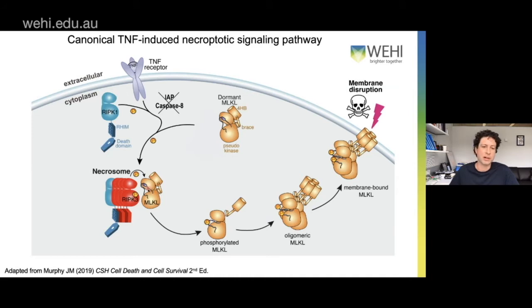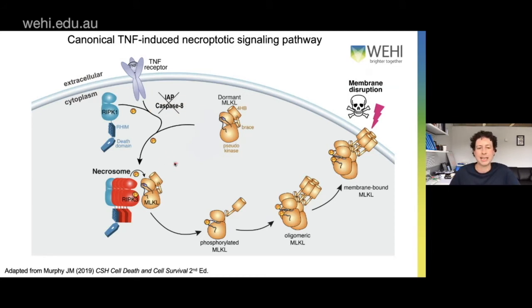We're most interested in MLKL, and I apologise to those that are more interested in the upstream events. I've summarised the entirety of the upstream signaling in this one arrow here. But basically, TNF-induced activation of the TNFR1 receptor under conditions where the cellular inhibitors of apoptosis proteins, the cIAPs, and caspase 8 activities are suppressed or reduced.